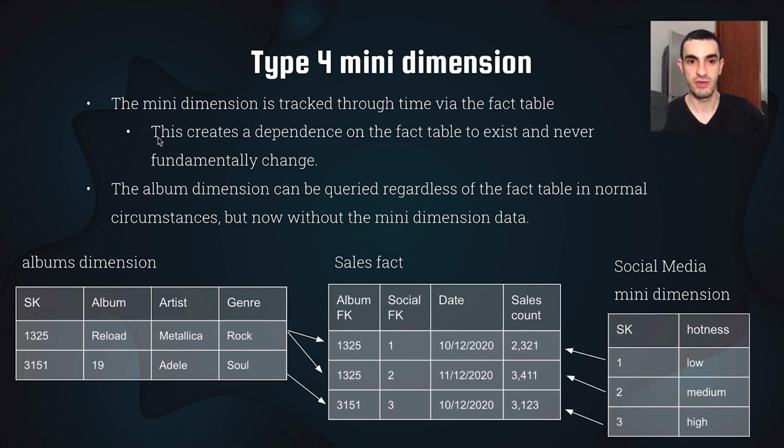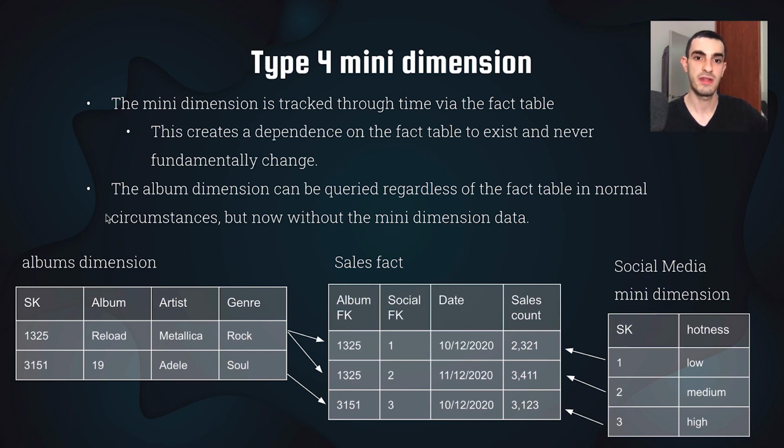But of course, this creates a dependence on the fact table to exist and never fundamentally change. So the data of when things changed is tracked in the fact table and not in the dimension as it would have been in slowly changing dimension type 2.